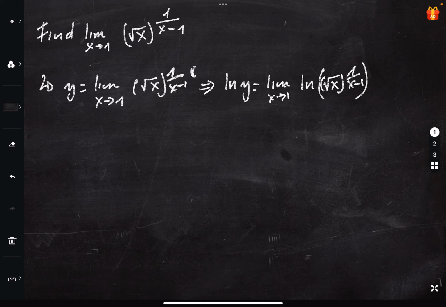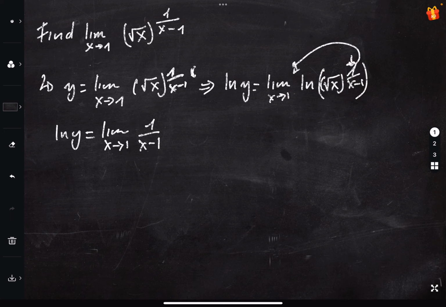So when I take the natural log here, this power, according to the log rule, can actually come in front of the natural log. So I'm going to rewrite this again as the natural log of y is equal to the limit as x approaches 1 of 1 over x minus 1 times the natural log of square root of x.